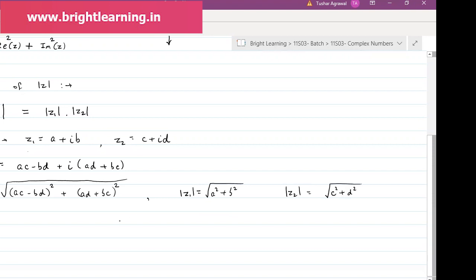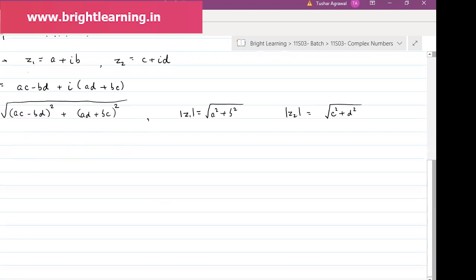Now what you have to verify yourself is that if I do this product, under root of a square plus b square times under root of c square plus d square, is equal to under root of this. So you just have to verify LHS equals RHS, that is, (ac minus bd) whole square plus (ad plus bc) whole square is equal to the RHS complete square.